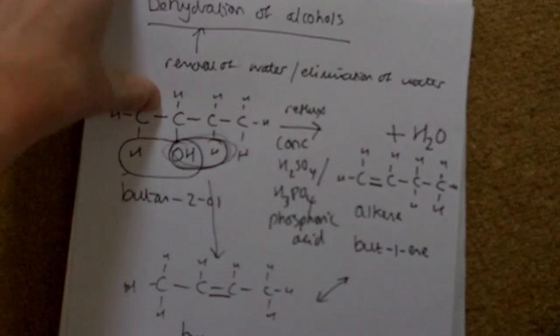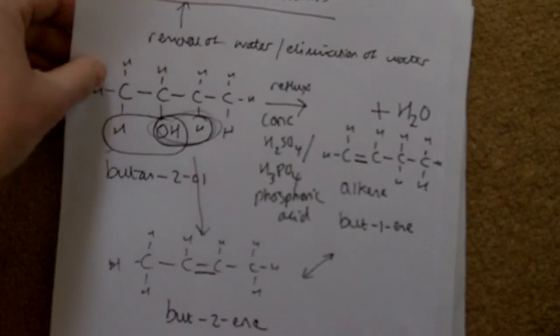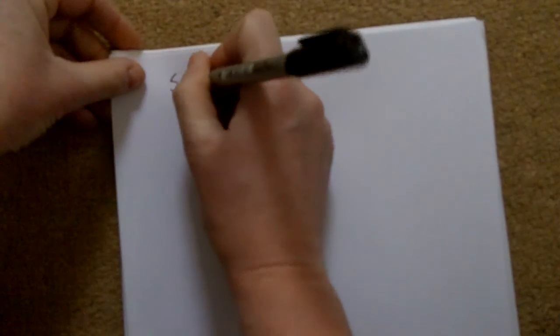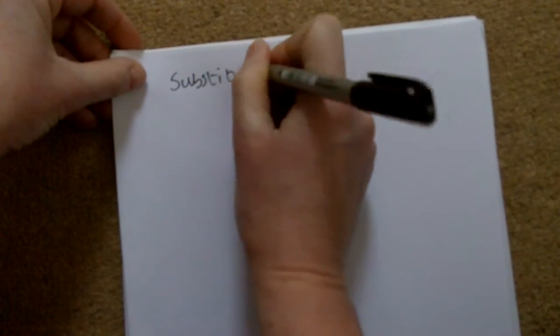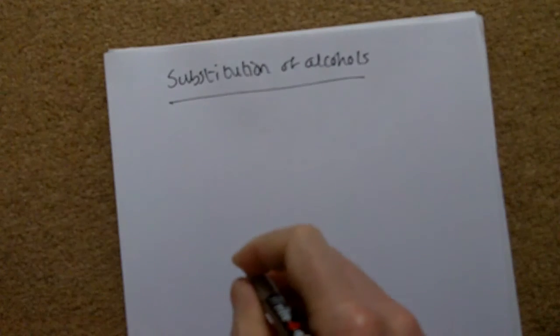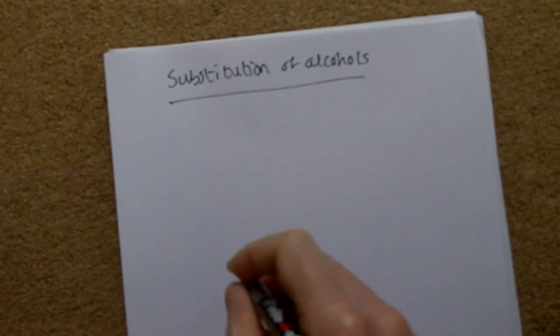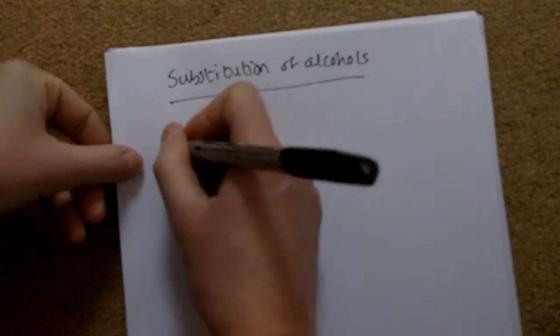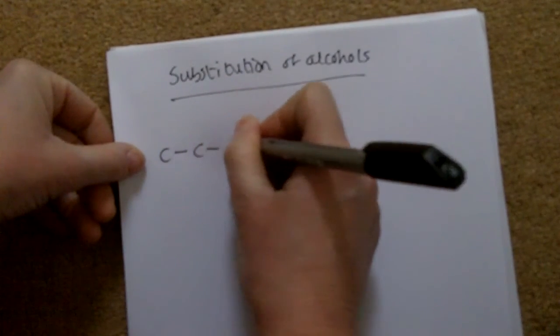Okay, last reaction, really quick, only one more to go. The last one is the substitution of alcohols. So this is when you take, let's take for example, I don't know which example to take.